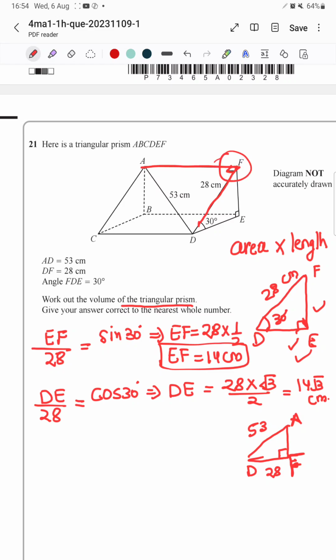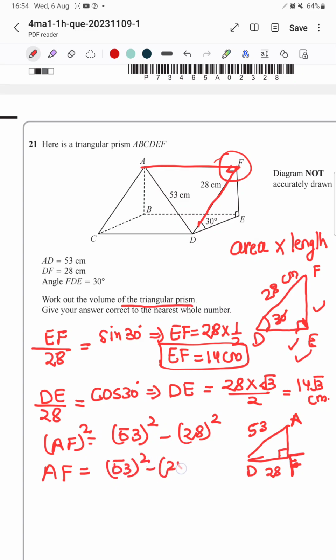Here it was already given a 90 degree angle, so this is a right angled triangle. In order to find AF, I can apply the Pythagoras theorem. AF squared is equal to 53 squared, the hypotenuse squared, minus the other side squared. So AF is the square root of 53 squared minus 28 squared. When you simplify this, you get 45 centimeters.